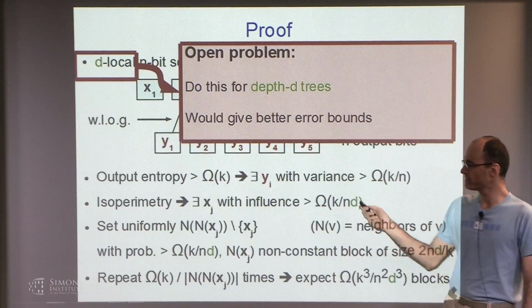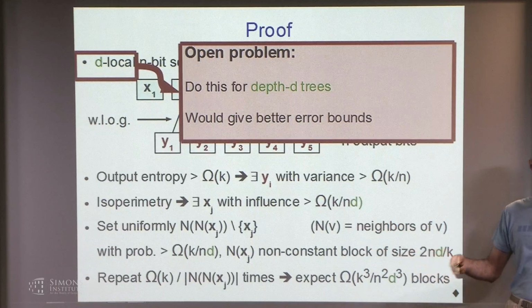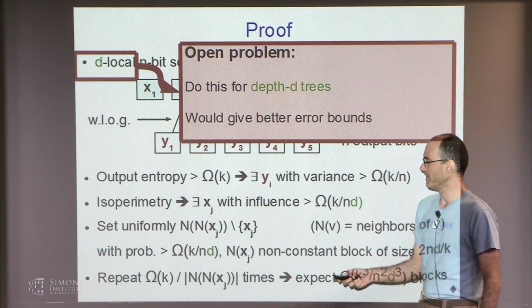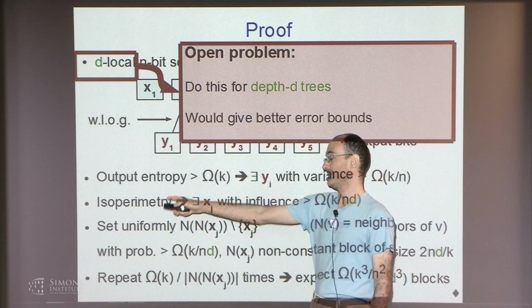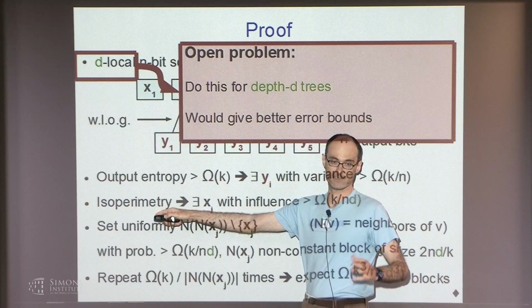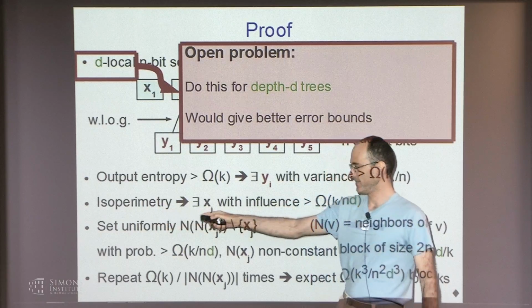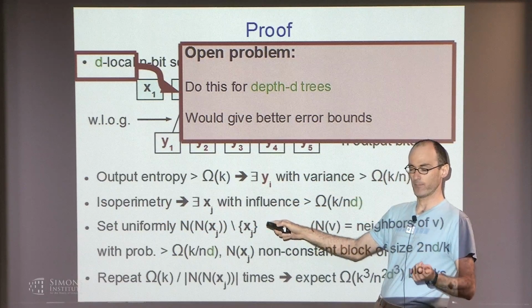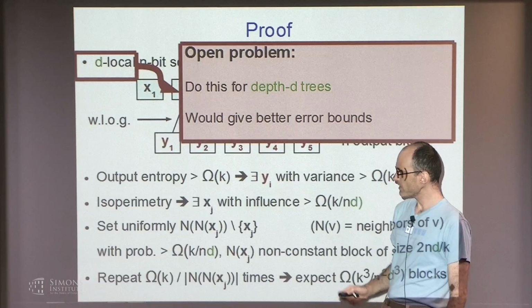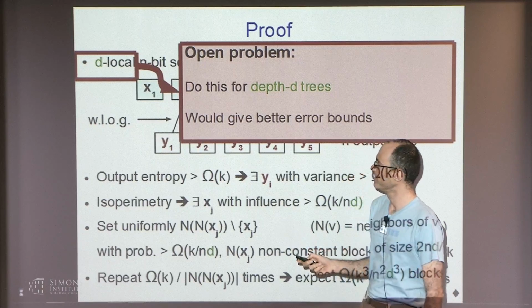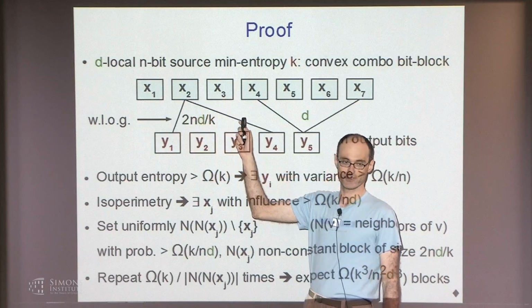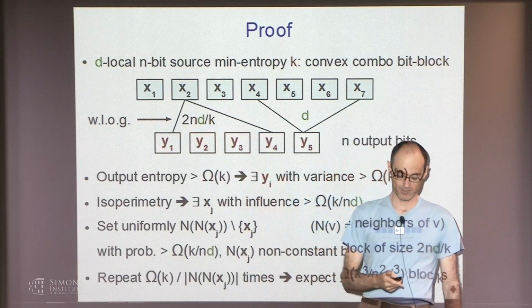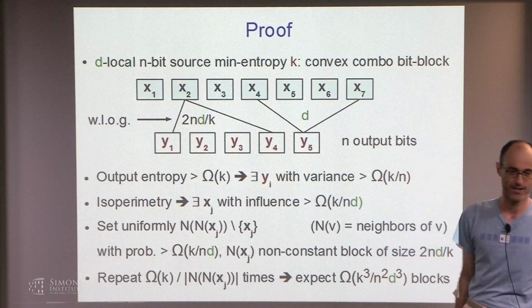Actually, many of the steps here, in fact, in some sense, the more conceptual steps, they go through. So this is still true. The isoperimetric actually is still true. So there is this nice work by some people here that still gives you influential bits. But somehow these technicalities of doing this type of restrictions here in terms of like degree, that doesn't work, and it's not clear how to fix it.